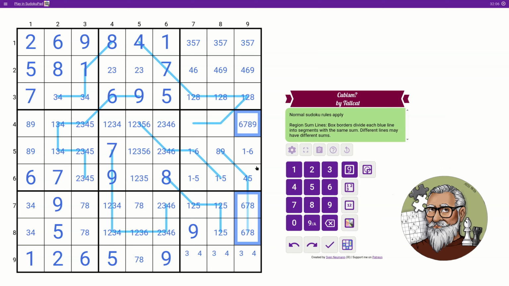Still missing something. Can't see it. Okay, we do need a 1 here, but that's not really that interesting, right? 2, 9, 3, 8, 4, 7, and 5, 6.